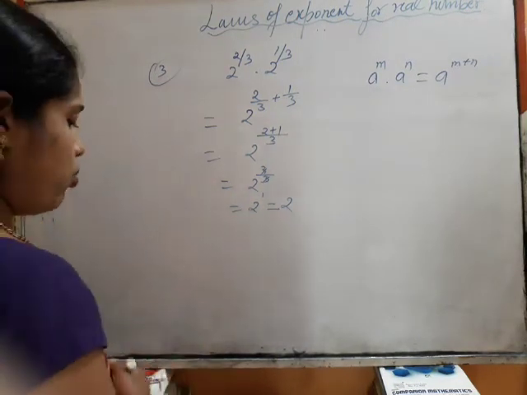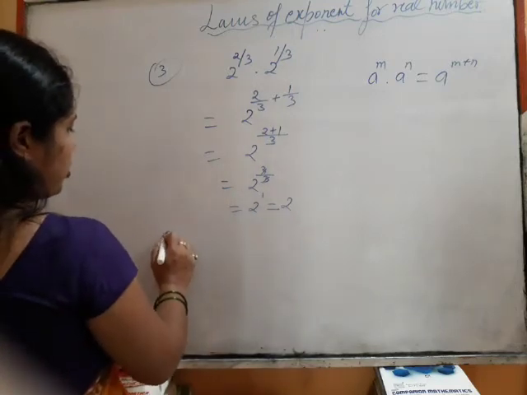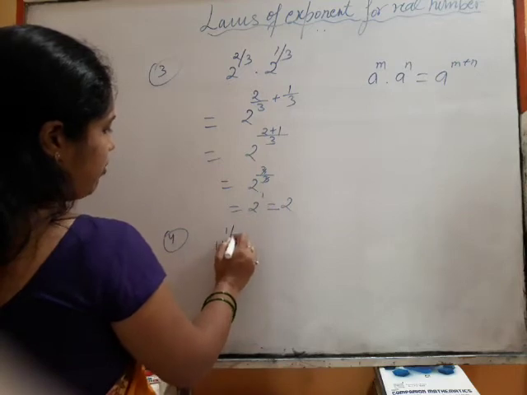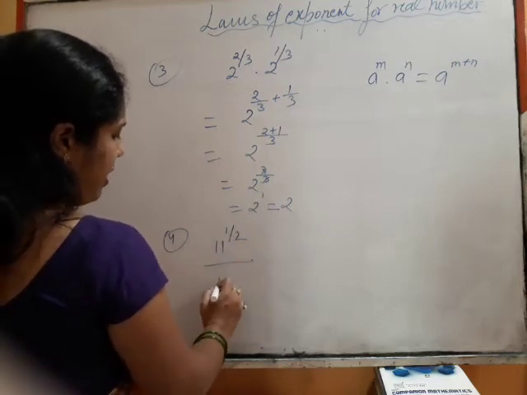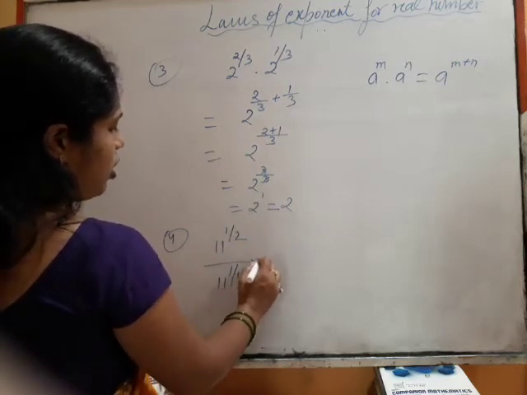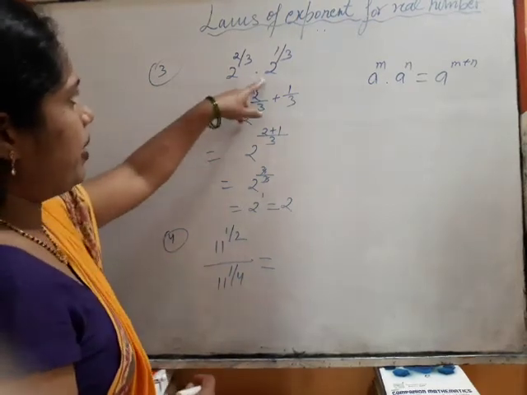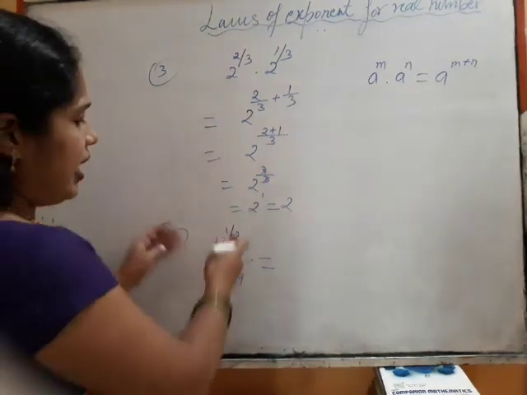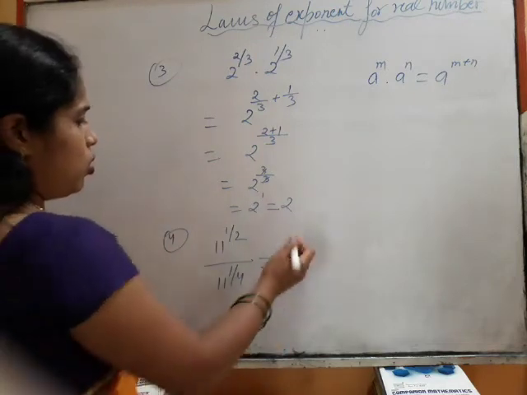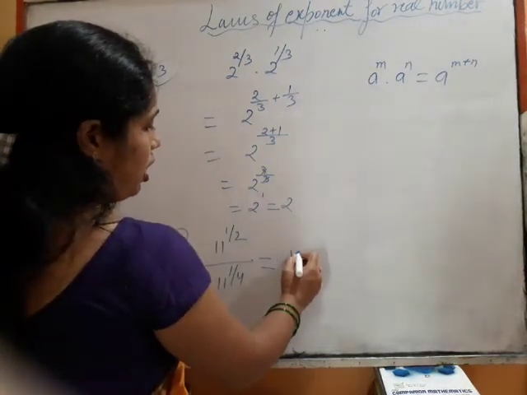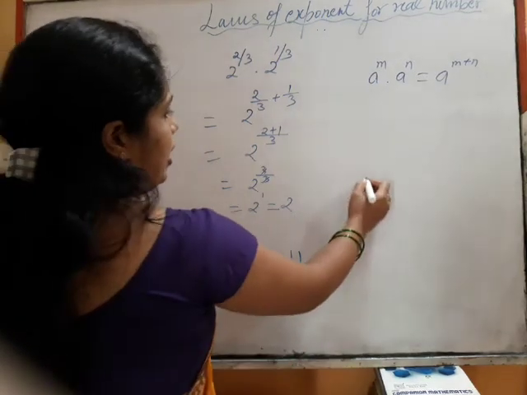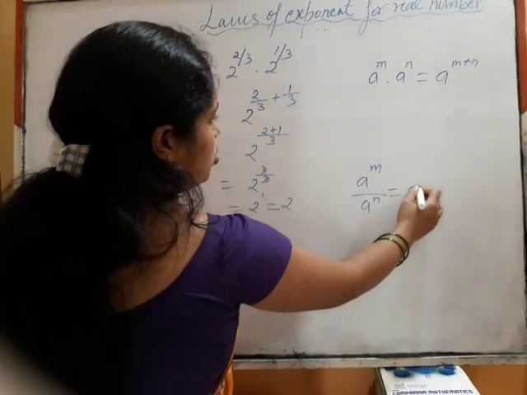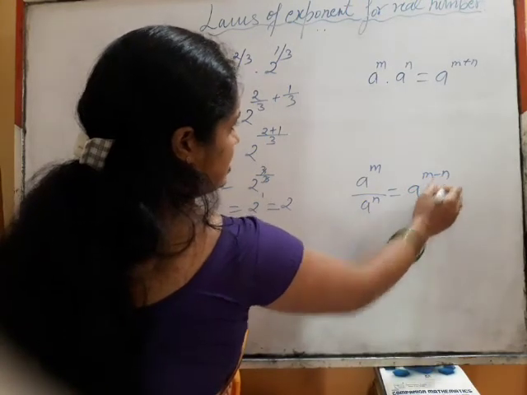Okay. One more question. Question number 4. 11 raised to the power 1 upon 2 divided by 11 raised to the power 1 upon 4. Here the bases are same, the base is 11, and they are in division form. So how will they be operated? a raised to the power m upon a raised to the power n is a raised to the power m minus n.